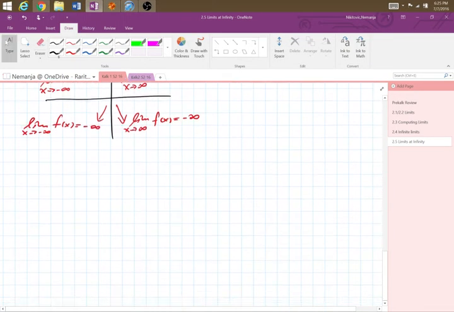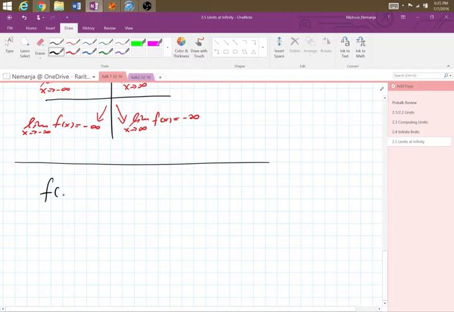So a very interesting function to look at as an example of this would be f of x equals, let's say, e to the x. So what is the end behavior of e to the x? Yeah, I'm asking for the end behavior, but it has 2 ends.